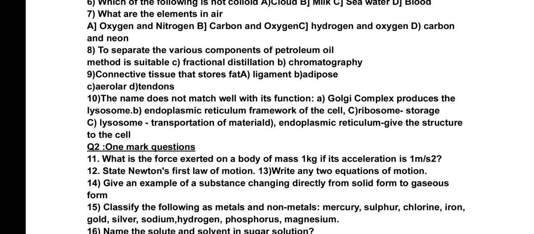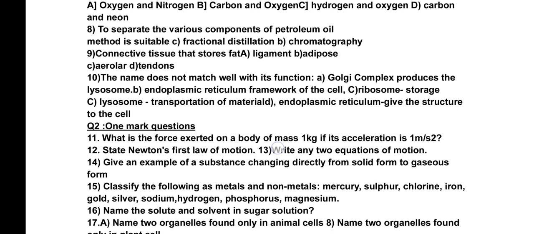If we check the other answers, carbon and oxygen is not correct because carbon dioxide is there, it is not carbon. Hydrogen and oxygen, hydrogen is not there. Water vapor is there. Carbon and neon, carbon is not there, carbon dioxide and neon can be possible. But the correct answer to be selected here is oxygen and nitrogen.